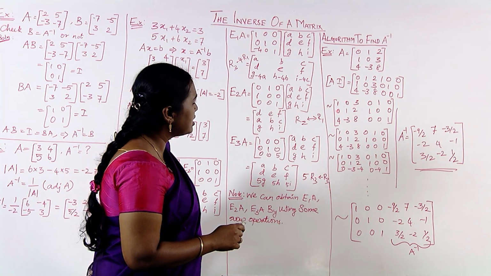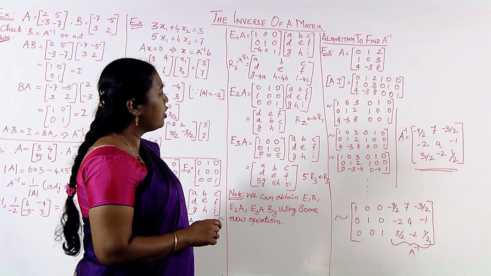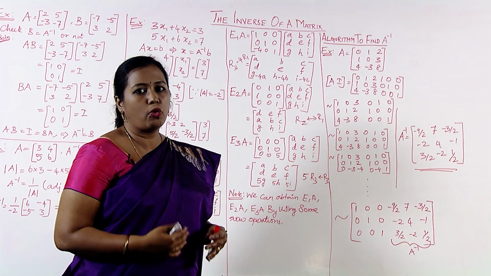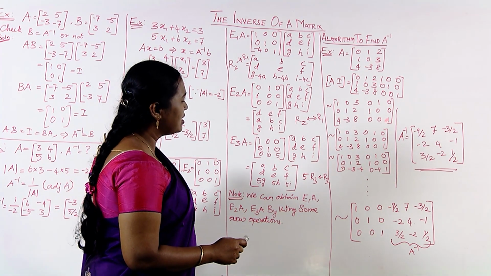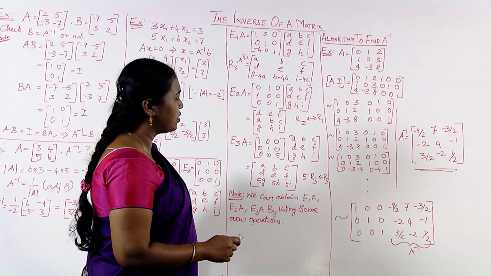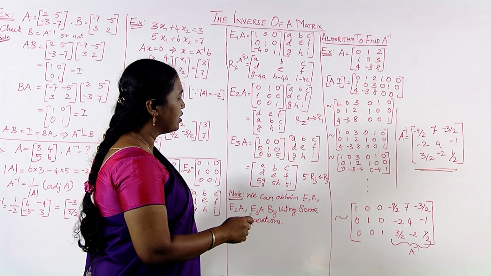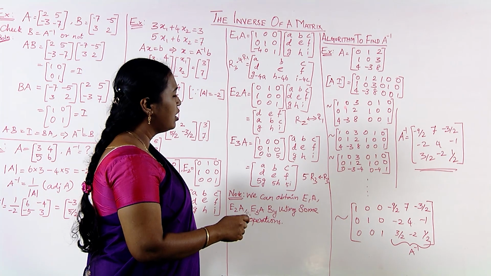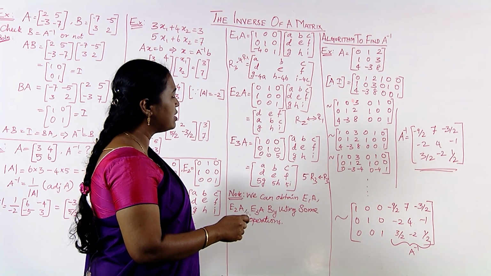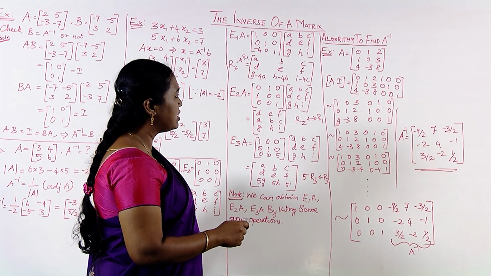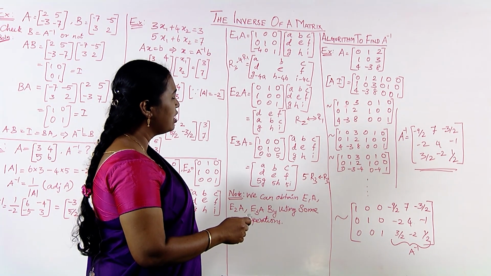All you need to do is one row operation after another in order to make sure that the identity 1 0 0, 0 1 0, 0 0 1 is now found on the first 3 columns. So, the first 3 columns should be transformed into 1 0 0, 0 1 0 and 0 0 1, but instead I am having these terms.